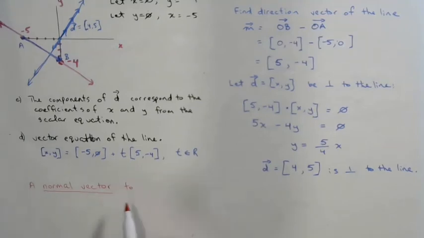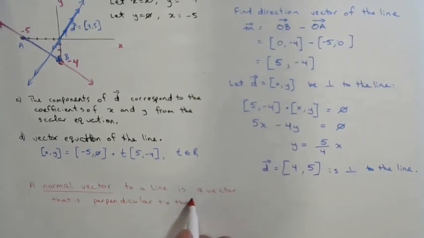A normal vector to a line is a vector that is perpendicular to that line.